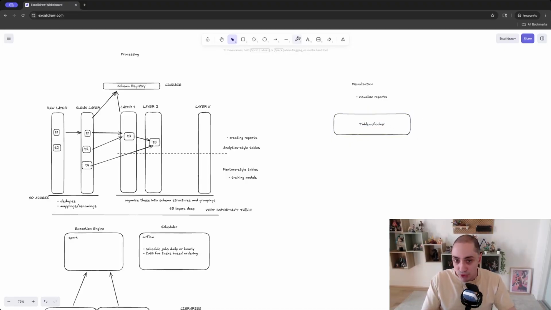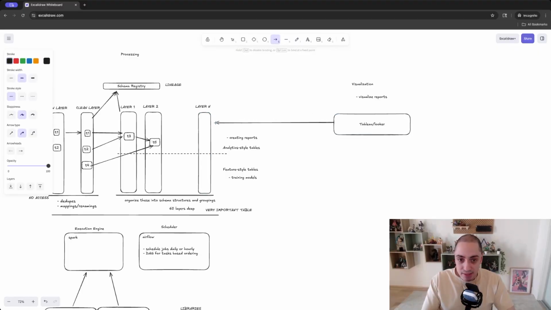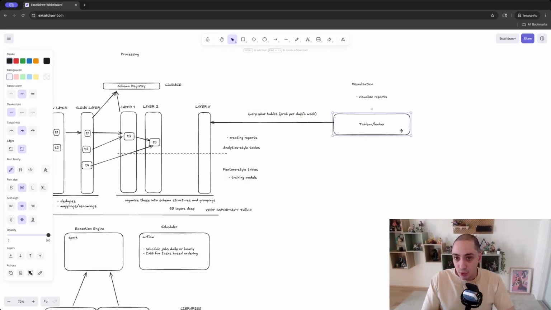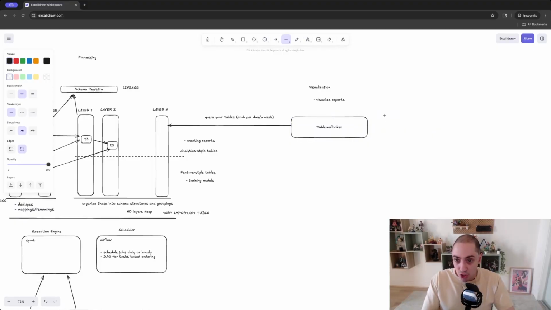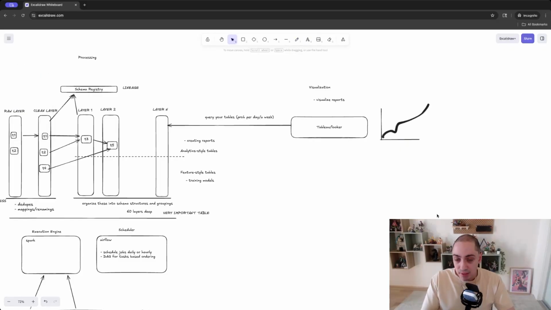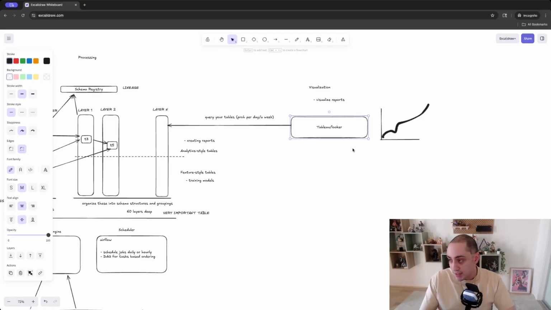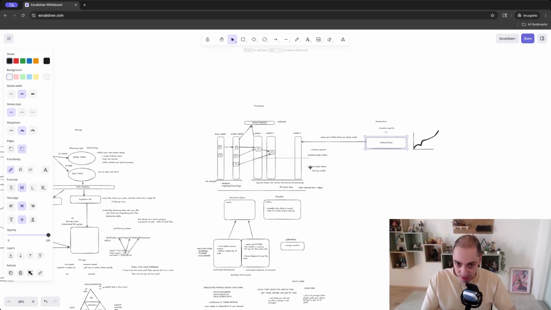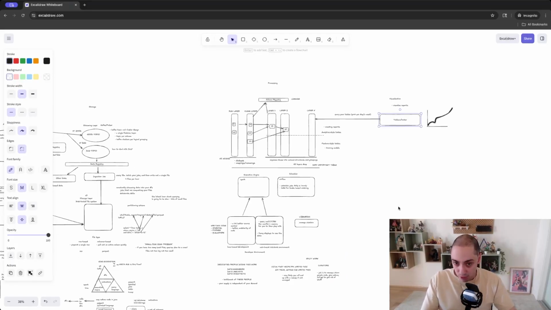There are some open source versions of this, but the idea is that they query your tables probably per day or 30 days or a week or whatever. And then they're going to create visualizations for it. So they'll create charts, line goes up type of charts. That's like the point of it. There isn't really much to say here. There are, of course, other visualization tools depending on different sinks you have, which we didn't really get into. This is all in your ecosystem layer. But that's kind of how that works.